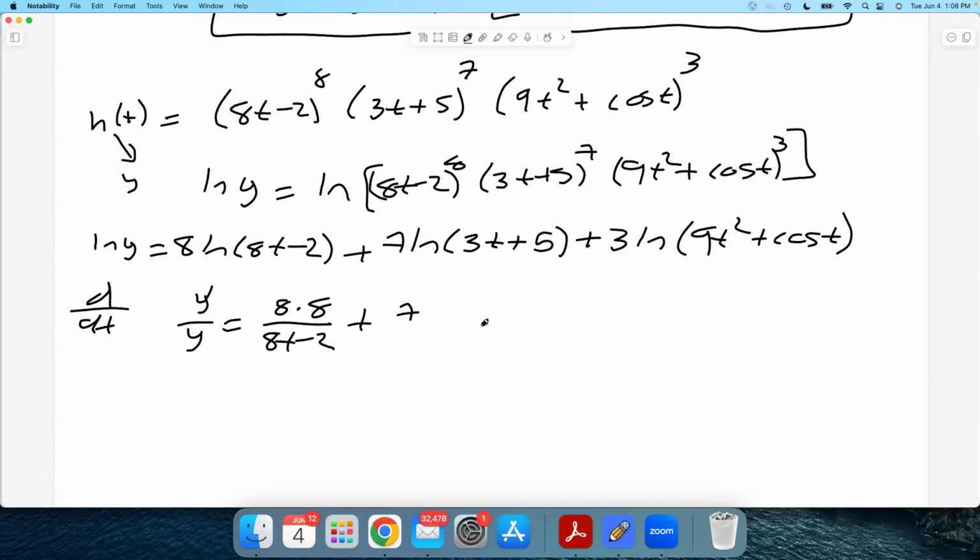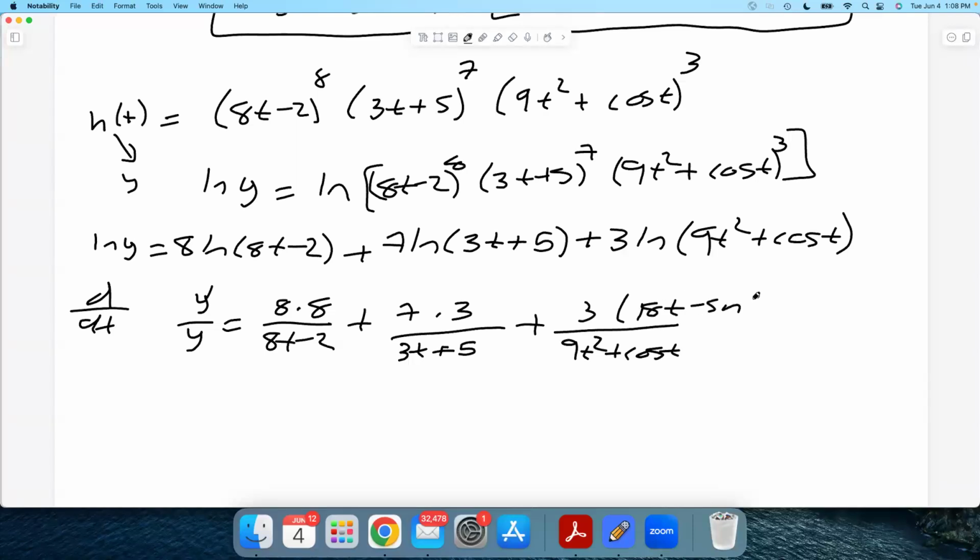That 7 comes along for the ride. I get 1 over the stuff inside times the derivative of the inside, which is just 3. I get a 3 over all this stuff times the derivative of what's inside, which will be in parentheses here, 18t minus sine of t.